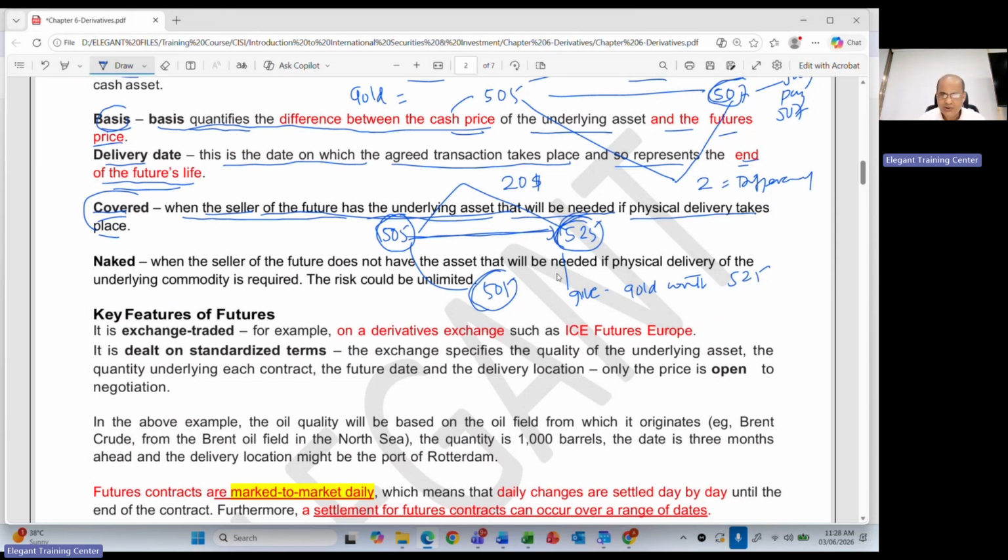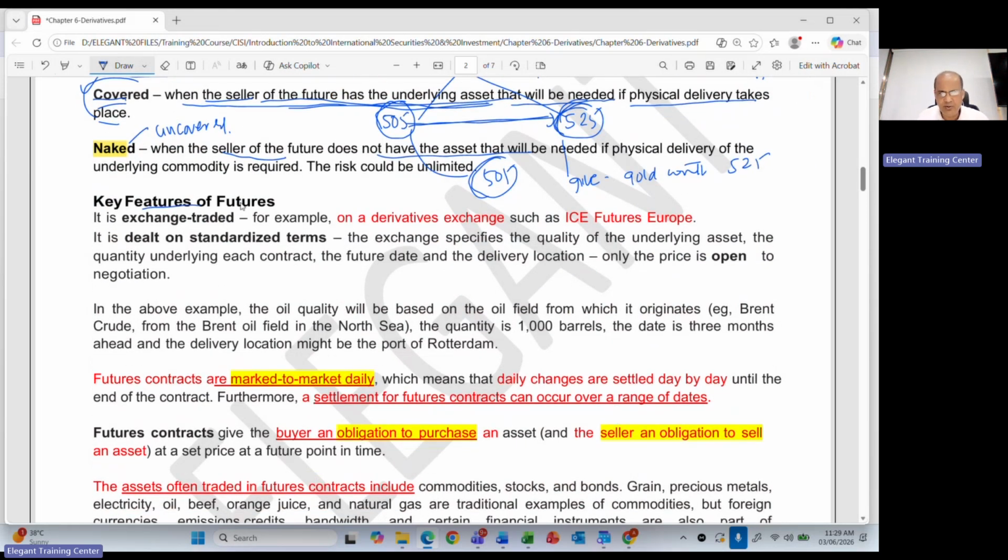That's called uncovered, also called naked. Uncovered means I am the seller and I don't have the physical gold. If you want delivery, I have to buy from the market and give it to you. That's called an uncovered position. In a covered position, the seller already has the asset and can deliver. In an uncovered position, the seller does not have the gold. When the buyer demands it, the seller has to buy from the market and give it to the buyer. That's called a naked position.